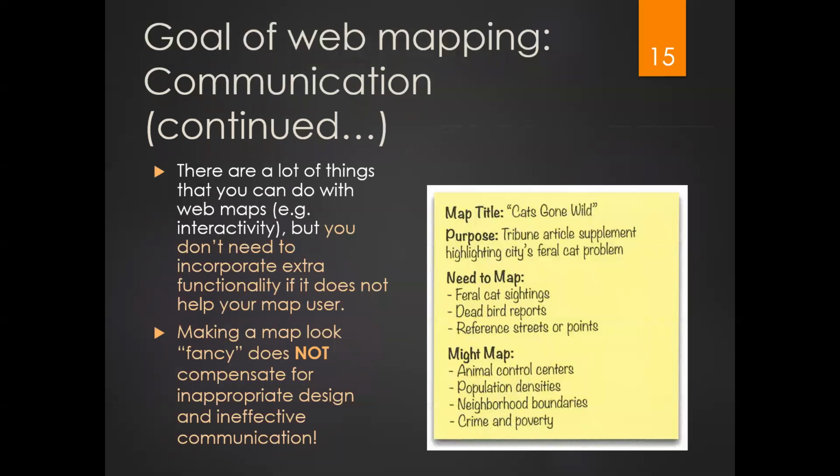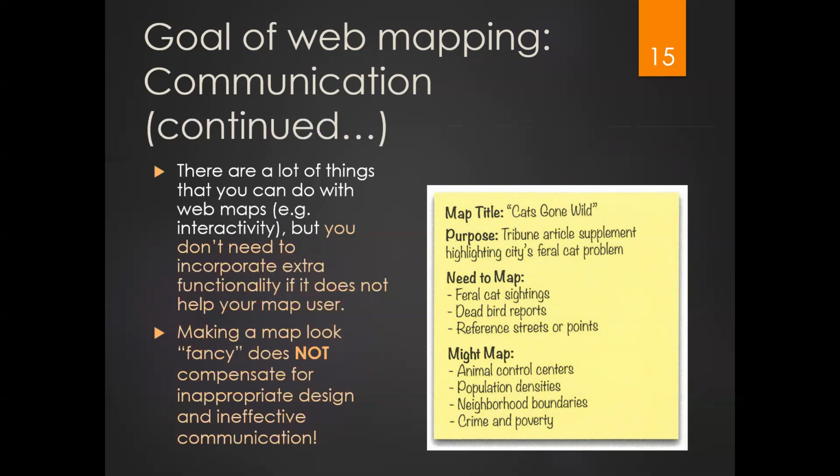Okay, and another principle for web mapping is that there are a lot of things that you can do with web maps, but it doesn't mean that you have to do them all. So you do not have to make web maps only for the sake of making web maps, right? You should do it when it is necessary.